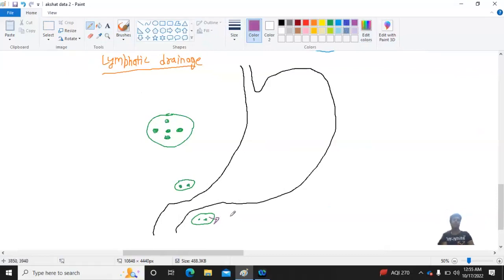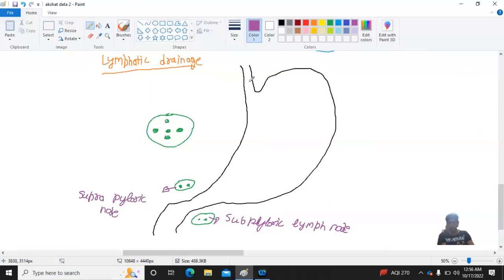This is below the pylorus, so these are called subpyloric nodes, pyloric lymph nodes. And these are above the pyloric region, so these are called suprapyloric pyloric nodes.